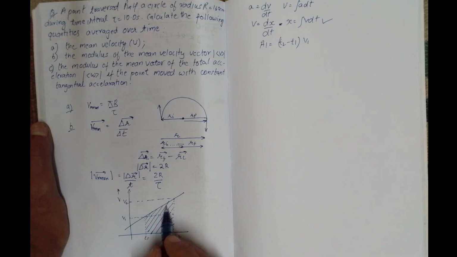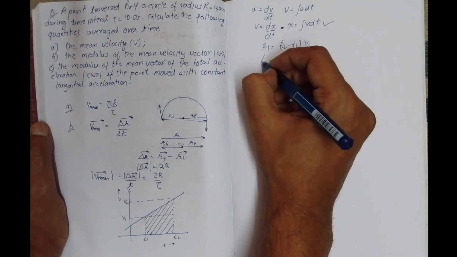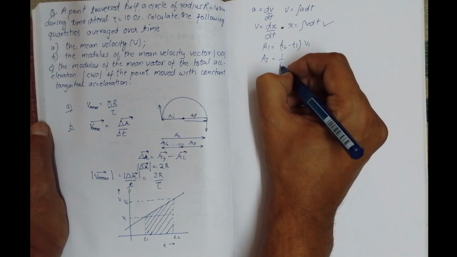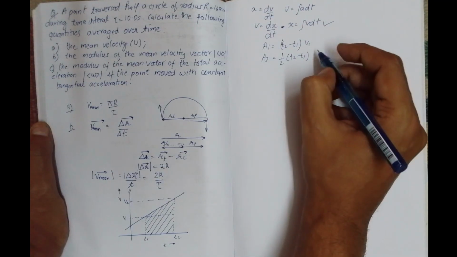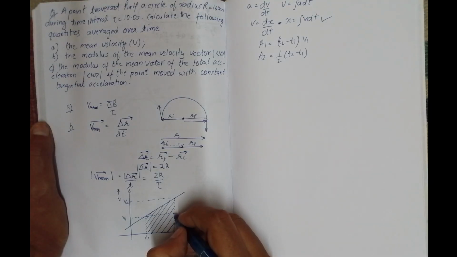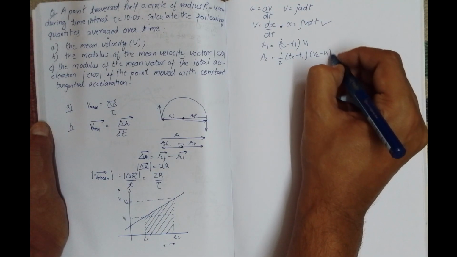The area of this right angle triangle, suppose we call it A2, will be half into base into height. The base is T2 minus T1. What is the height? V2 minus V1.